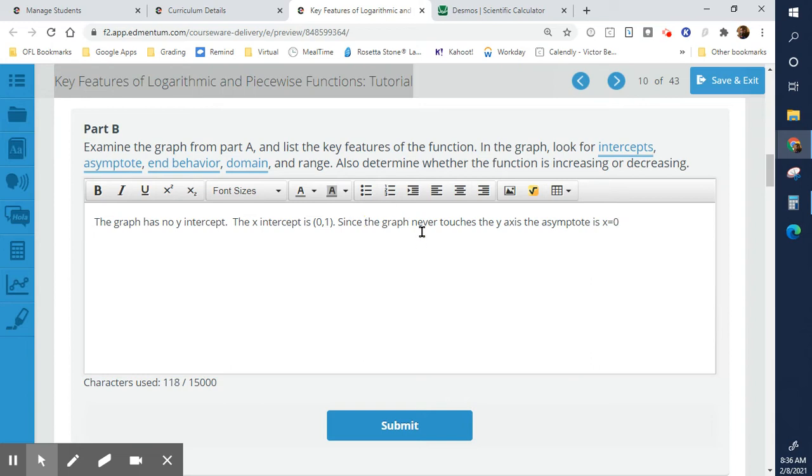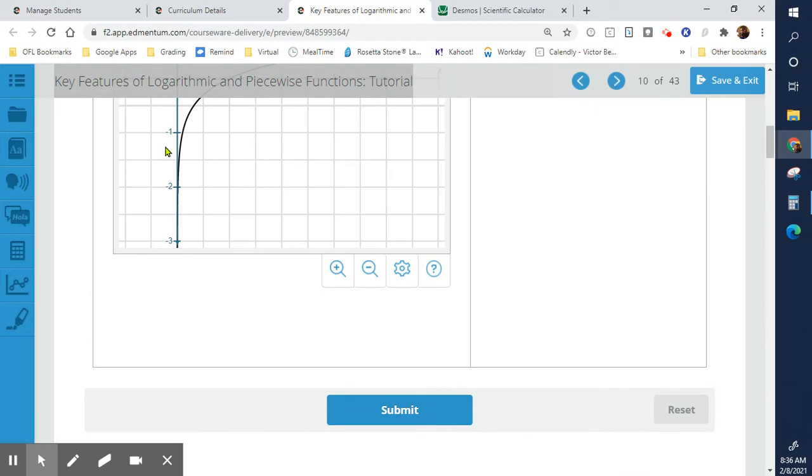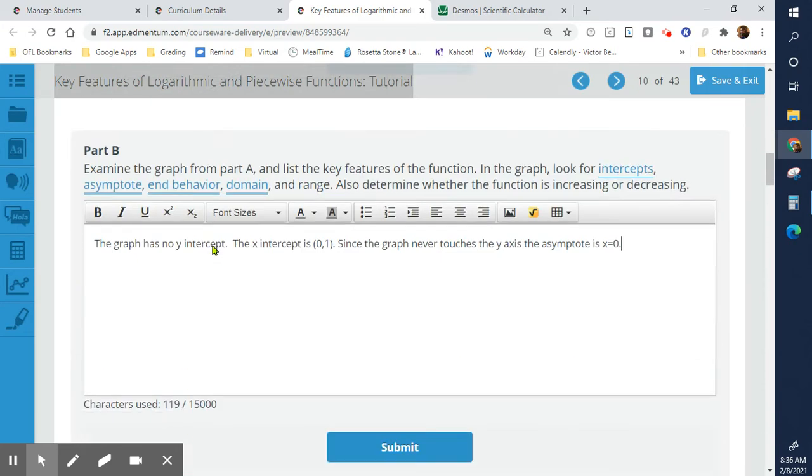And in this case, I am correct in saying that because it's never going to touch this line, this line straight here. The y-axis is known as x equals 0.